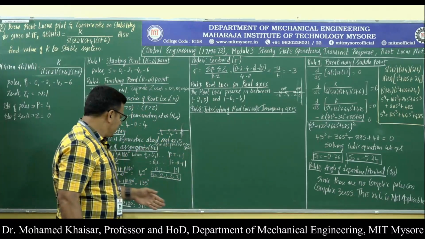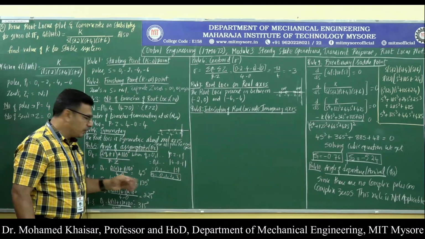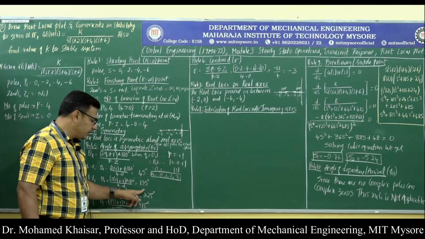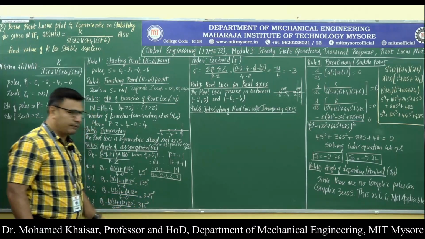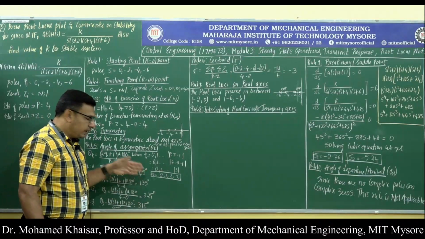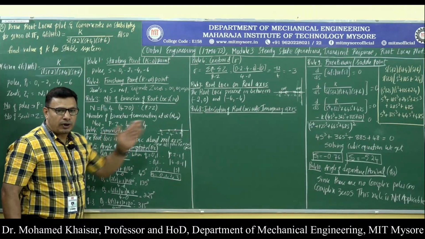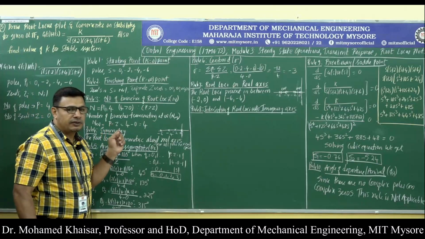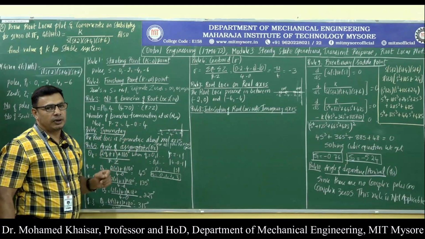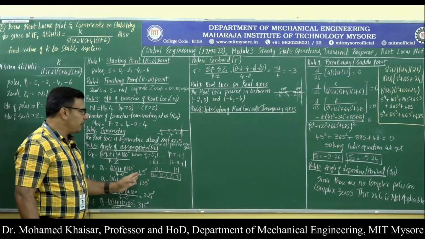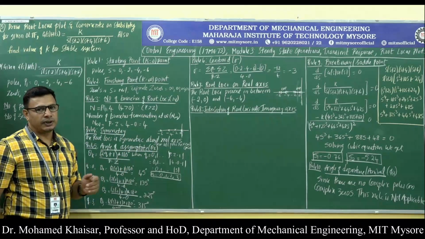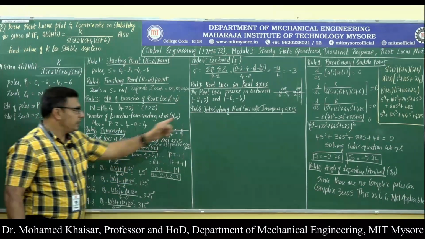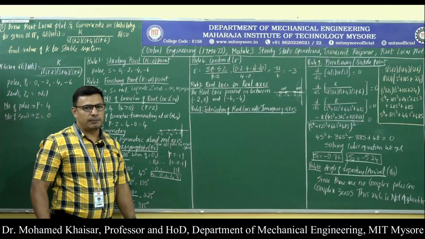But here, because the angles of asymptotes are found to be 45, 135, 225 and 315 degrees, the asymptotic straight lines are going to cross the imaginary axis. Because of it, the branches of root loci are also going to cross the imaginary axis, because of which there will be intersection of root loci with the imaginary axis. That is where rule number 8 is applicable.